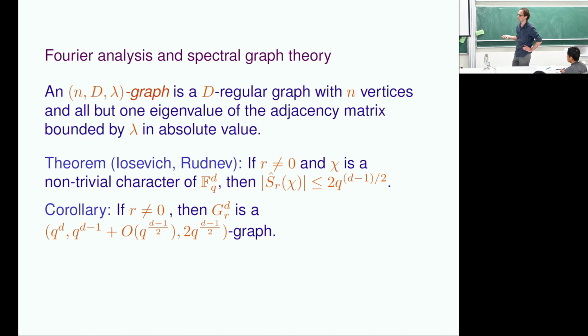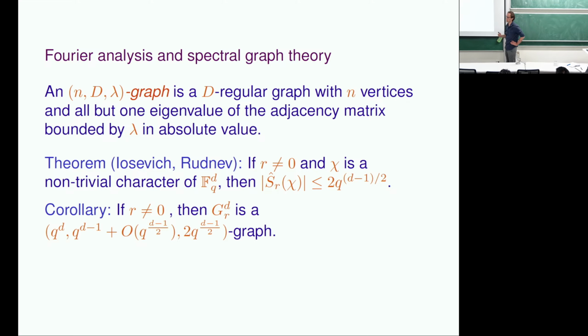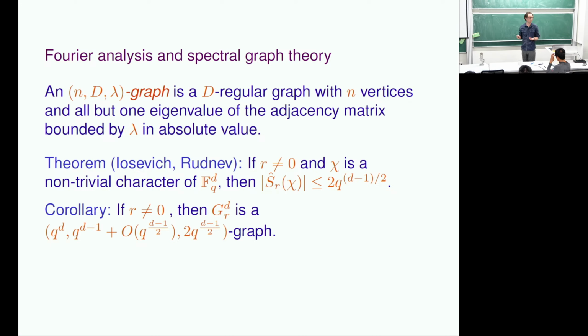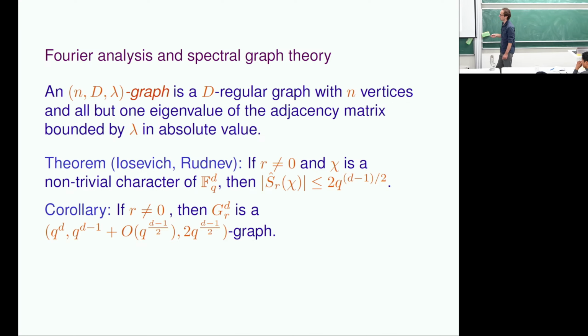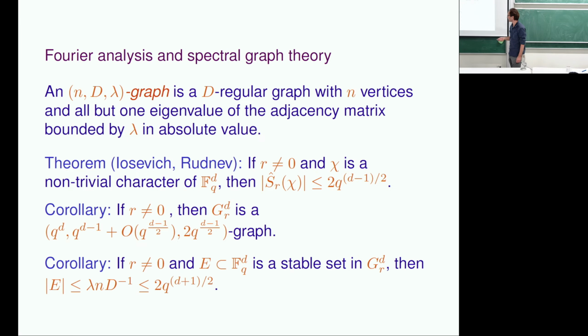So here, an n,d,lambda graph is a graph with n vertices that's d-regular, where all the eigenvalues except for the main eigenvalue are bounded by lambda. And since all of the eigenvalues are exactly the Fourier coefficients of the sphere, the trivial Fourier coefficient corresponds exactly to the first eigenvector, and all the remaining eigenvectors have this bound.